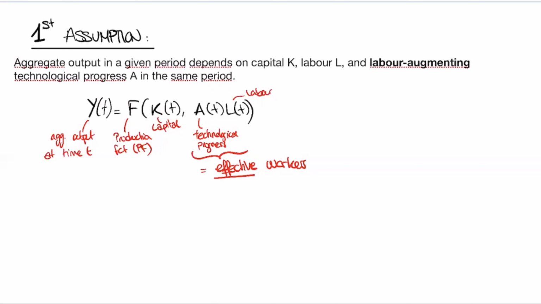Okay, and so we want to emphasize the fact that technological progress, A, is labor augmenting. And so we also say that the production function is what we call Harrod neutral. And so that's the production function we have above.